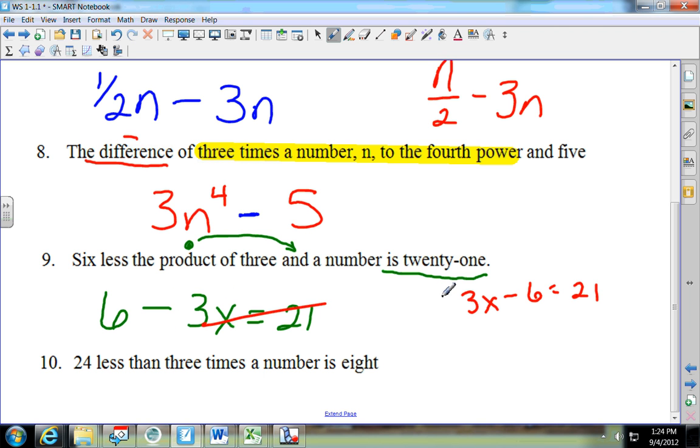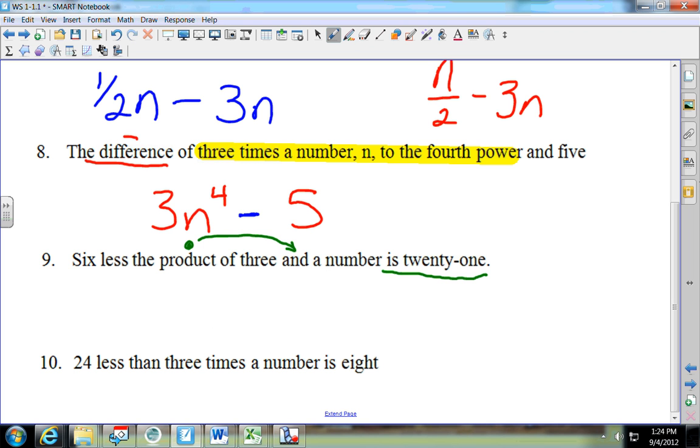That makes this a positive 3x. And yes, it changes the sign. So since I went crazy and started marking everything up, hold on. You're going to have 6 less. And if it said less than, then you would write it that way. Okay? And it's just the way the words are.